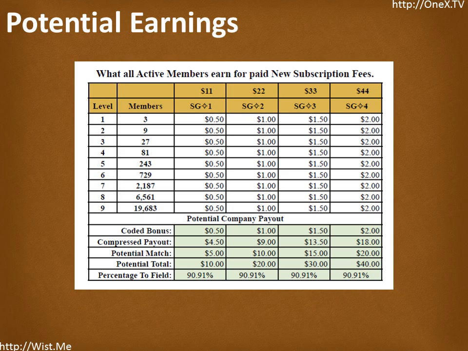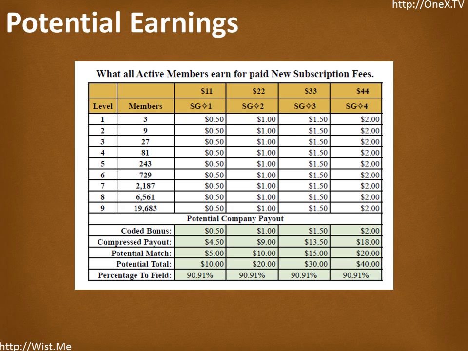When somebody pays $11 to become Stargate 1, and let's say of that $11 you receive 50 cents on your row 1, and 50 cents on your row 2, and 50 cents on your row 3, and so on and so on, and 50 cents on your row 9. That's a lot of 50 cents.